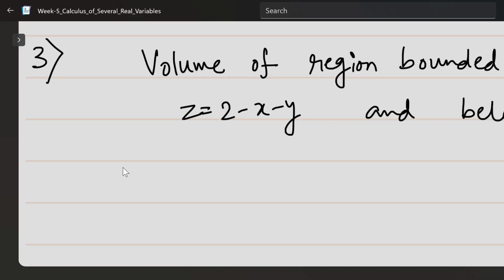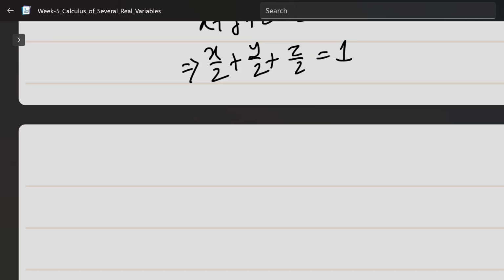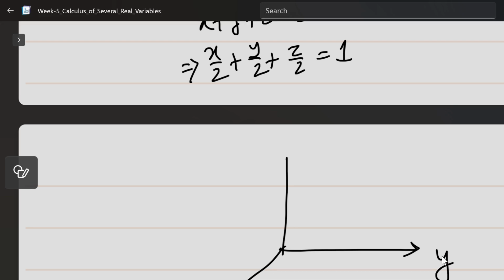This is the plane x plus y plus z equal to 2, that means x by 2 plus y by 2 plus z by 2 is 1. Suppose this is the x, y, z coordinate system.